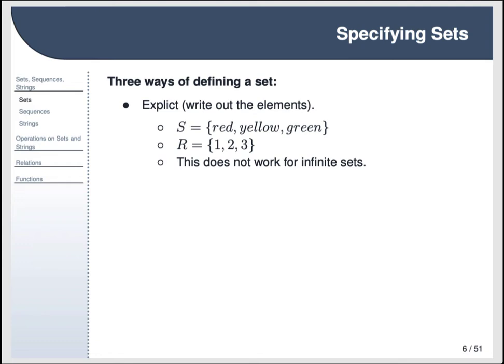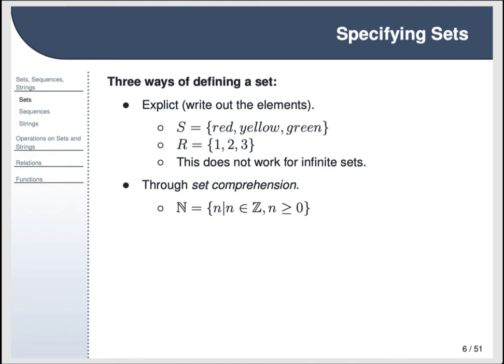Obviously, it does not work as well for infinite sets because you cannot write them. So for infinite sets, we need another strategy, and this is often called set comprehension. Some textbooks say abstraction. In this technique, we define a rule that says what kinds of elements we allow in our set.